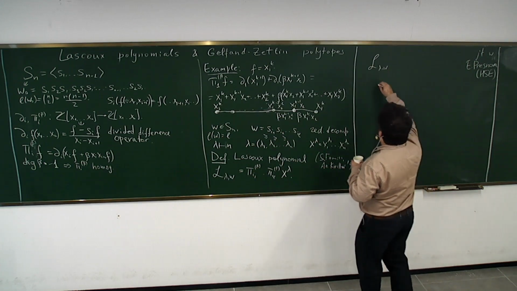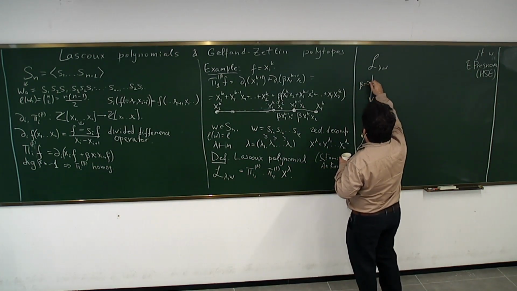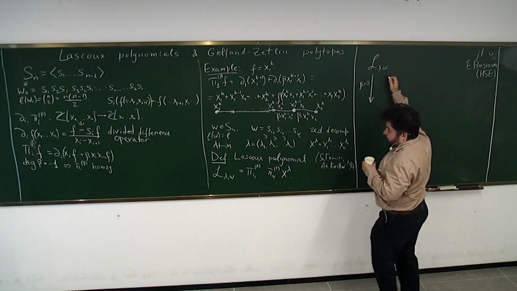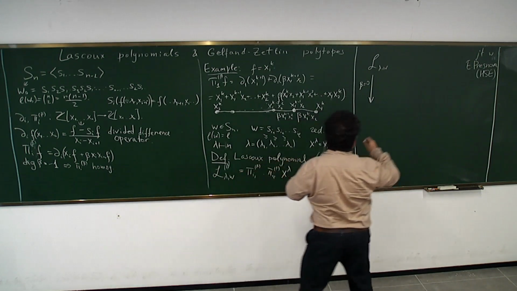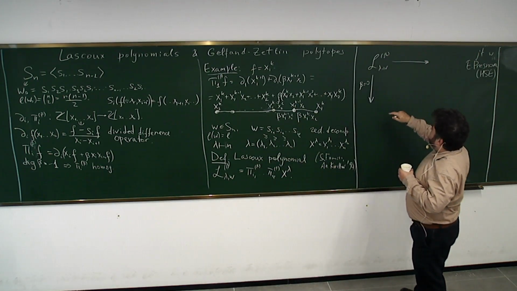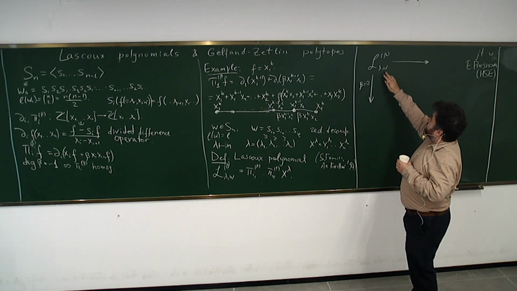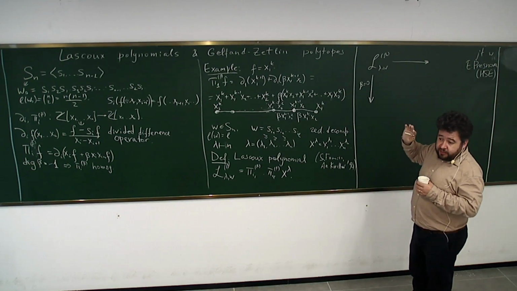So there is one direction, specializing it at beta equal to -1. Or you can consider it for w equal to w naught. In a sense, it's the most interesting case.